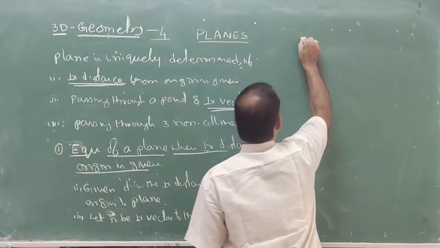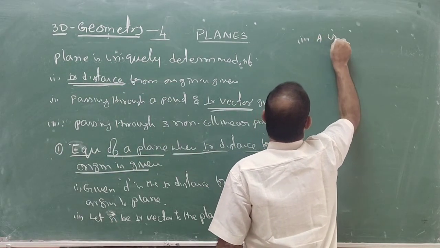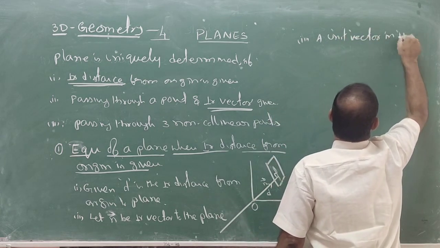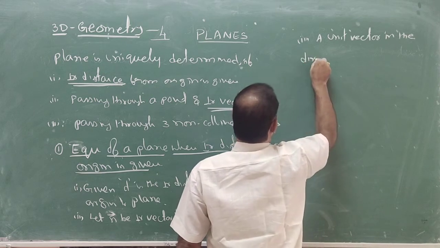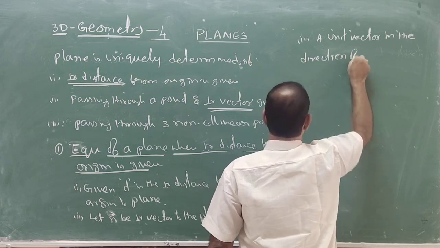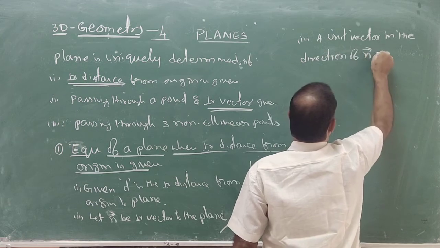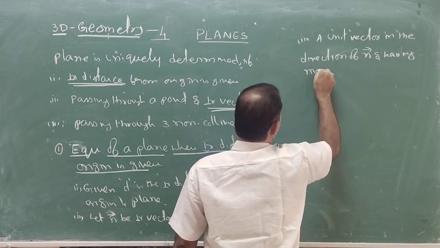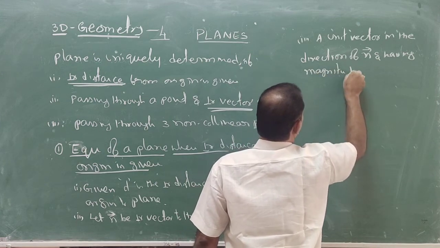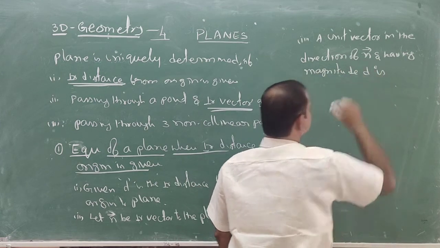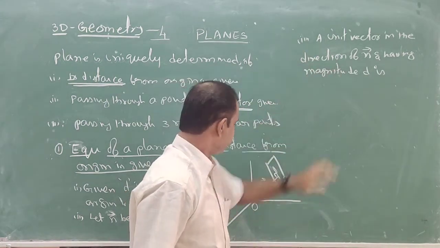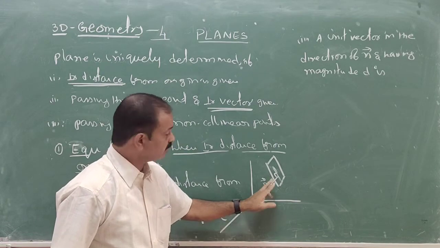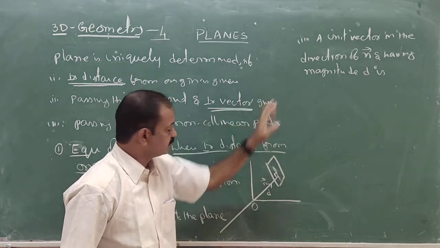Then the third point: a vector in the direction of n and having magnitude d. Since the magnitude is given here, you have to make use of this concept.